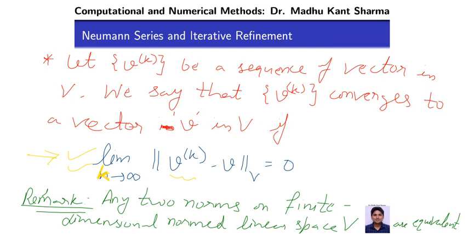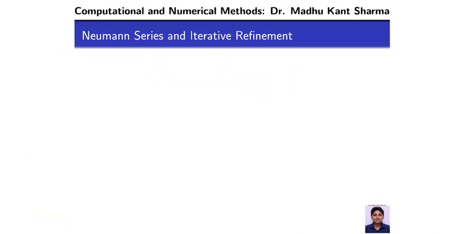As k goes to large, the distance between the vector V k minus V tends to 0. You can look at a practical example here, so I will just refer to the example.